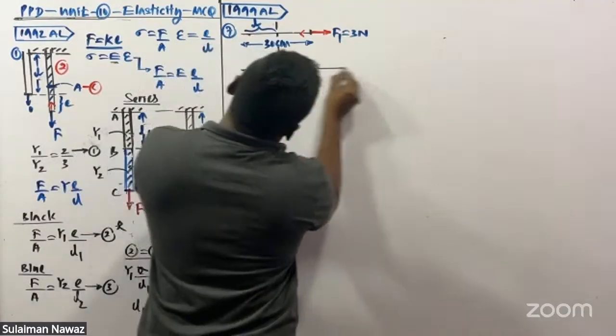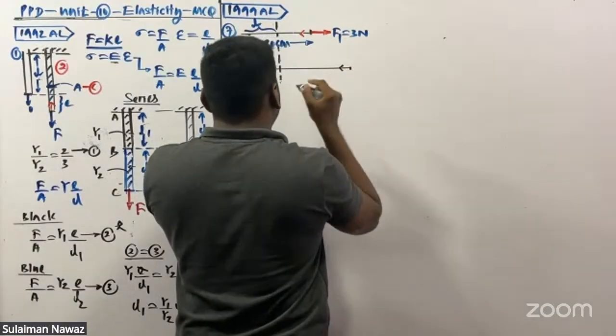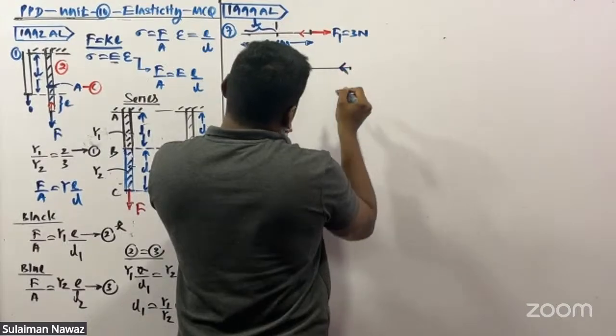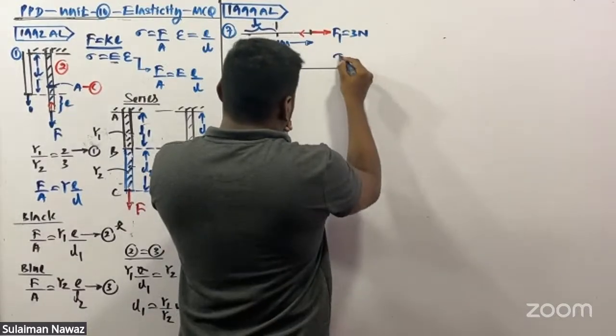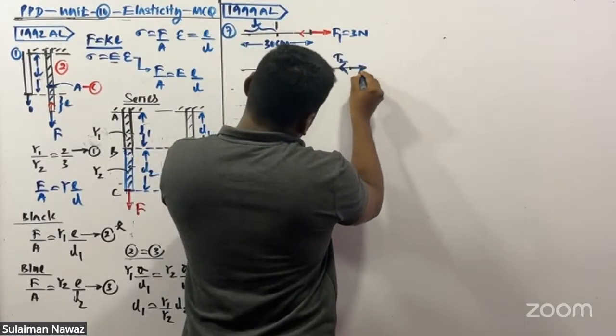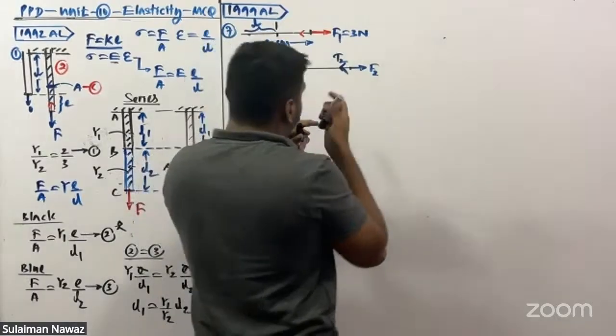Same string. Now the length is 32. Then the tension force in the string, the external force that you applied, is how much? 4 Newton.